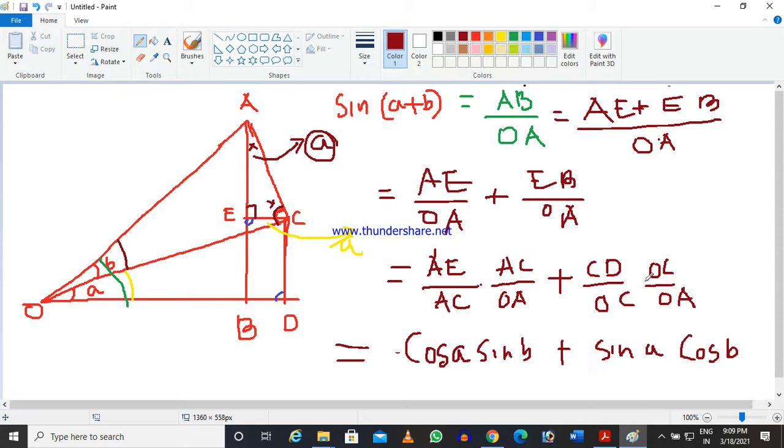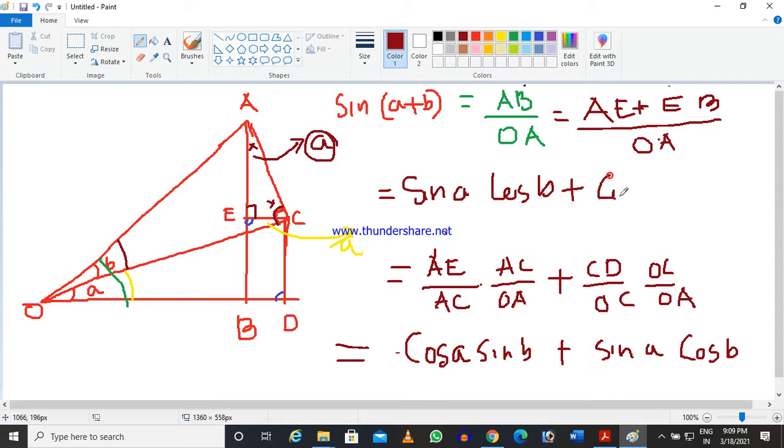So now finally, if I arrange it properly, I can say sin(A+B) is equal to sin A cos B plus cos A sin B. This is the formula.